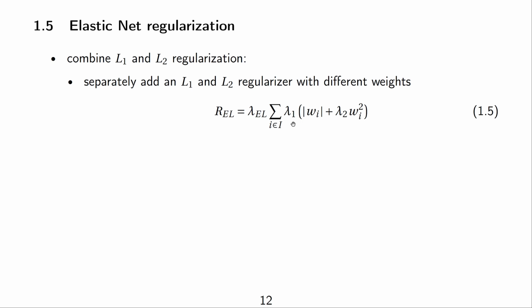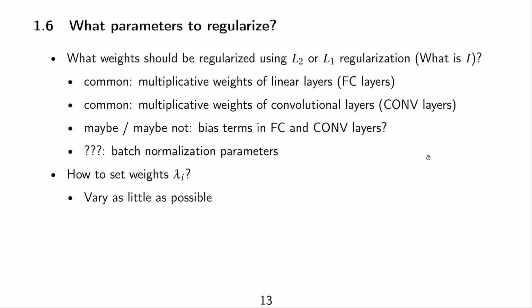Now here, if you would have it as a separate regularizer, you would need to have these separate parameters lambda to trade off the 1-norm and the 2-norm. Actually, this equation is a bit messed up, so I apologize for that. I guess this lambda 1 should be in here and this lambda shouldn't be here.